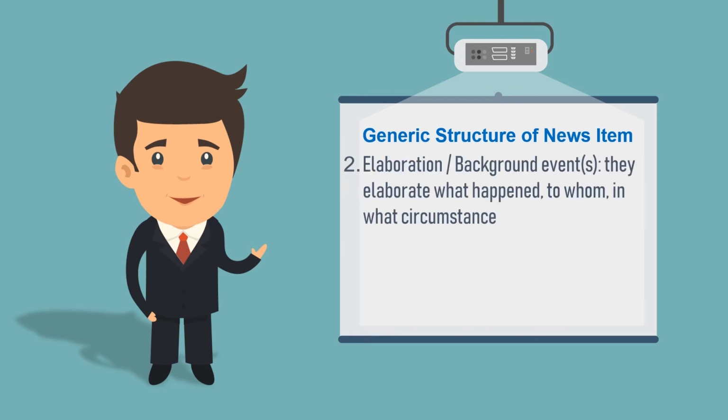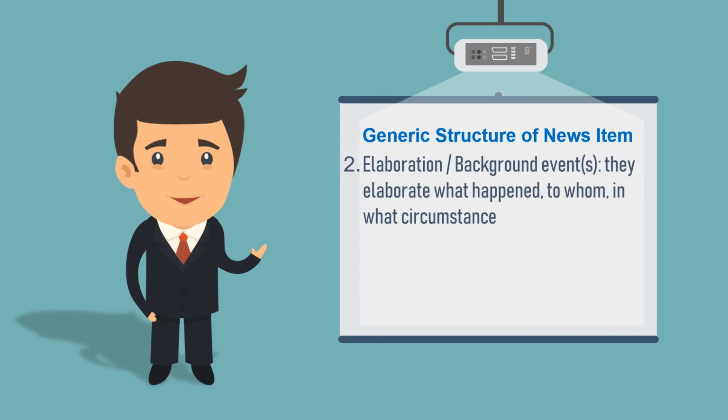Second, elaboration or background events. They elaborate what happened, to whom, and in what circumstances. In creating a background event chronologically, the writer should tell the background event of a news story, which is commonly done after writing the headline, because people want to know why or how the event happened.